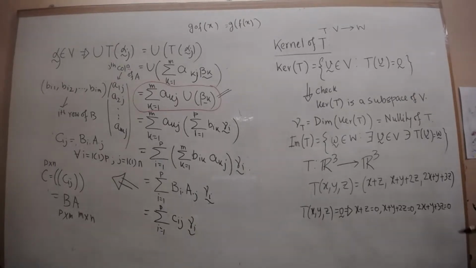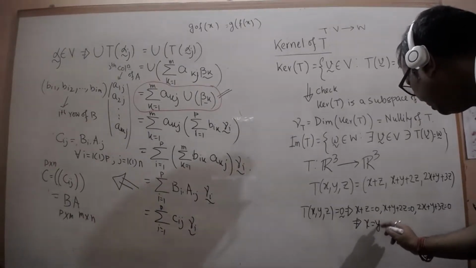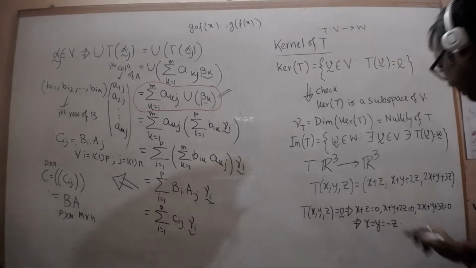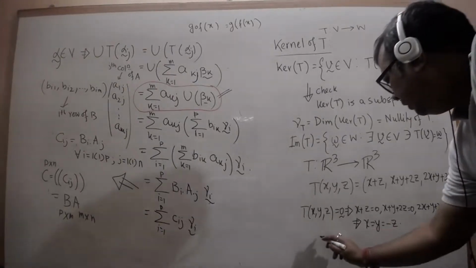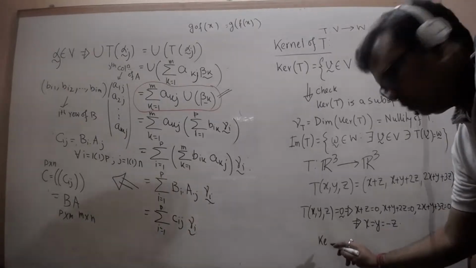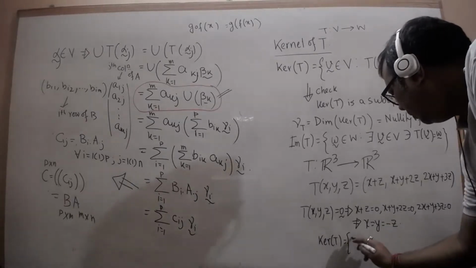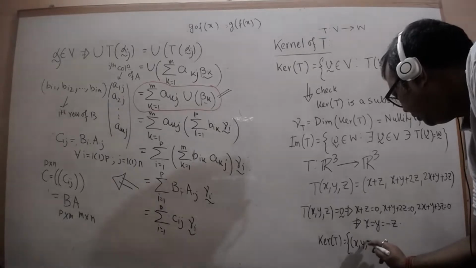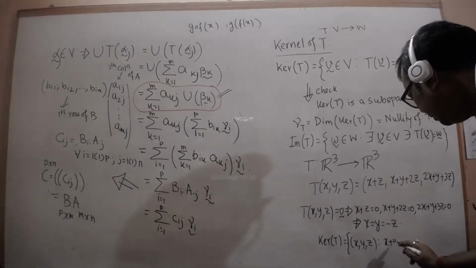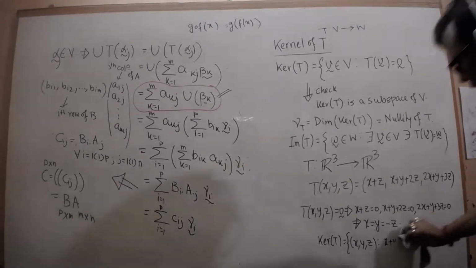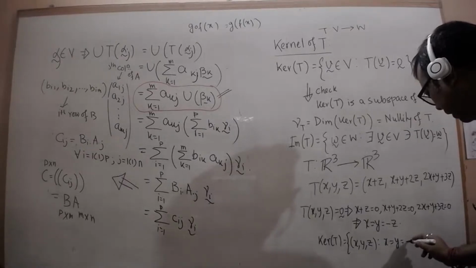So this means X is equal to Y equals minus Z. So the kernel of T is a collection of vectors (X, Y, Z) such that X is equal to Y equals minus Z.